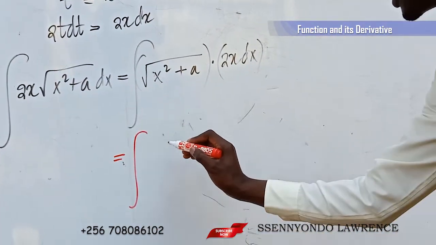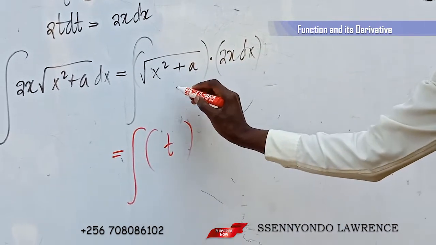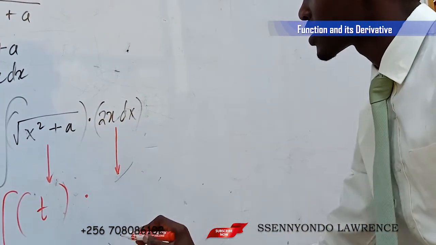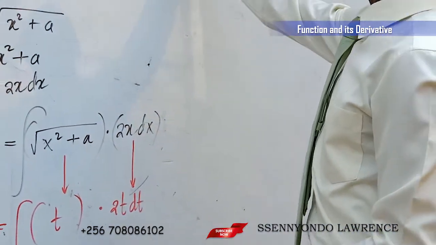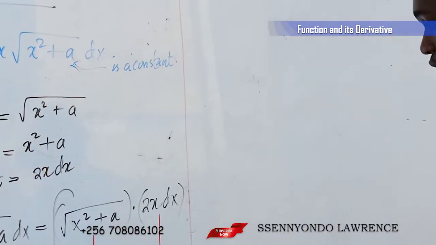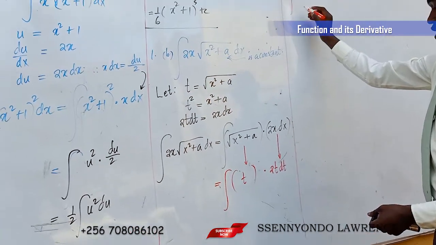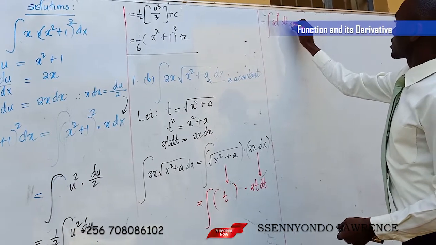Square root is t, that whole quantity under the root is t, multiplied by that whole quantity 2x dx, which is 2t dt. So right now what you have, you can put it down as 2t squared dt.